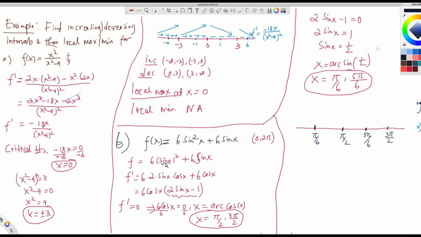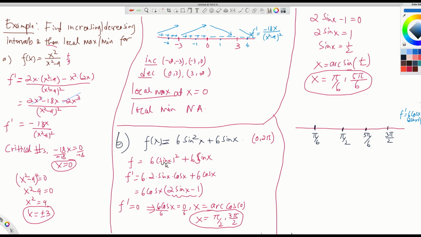Okay guys, it is easier if you use a calculator. So let me write down what f prime is. F prime is basically 6 cosine x times 2 sine x minus 1.